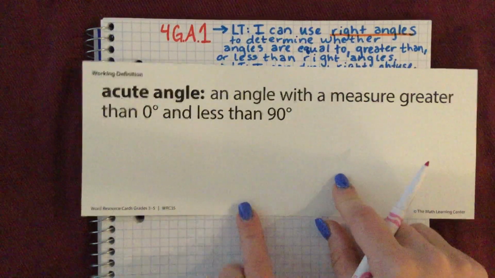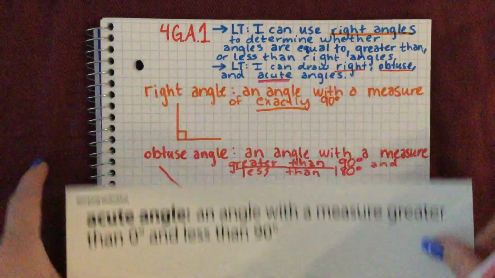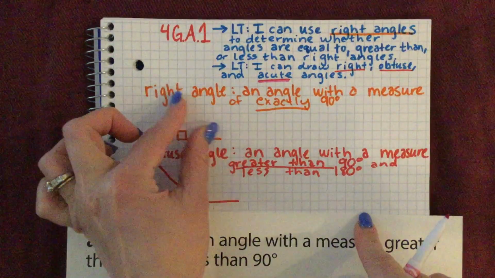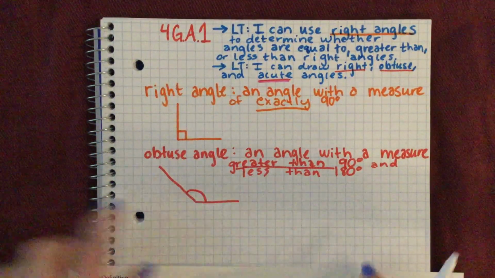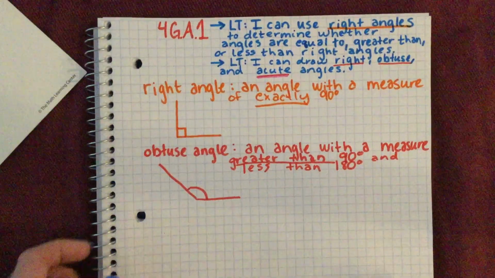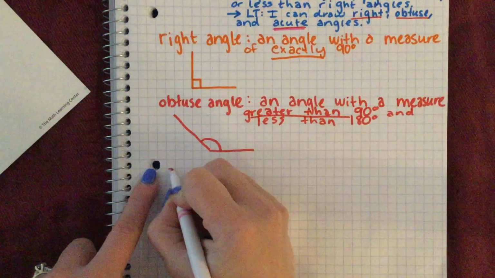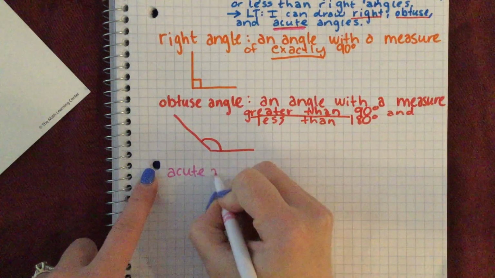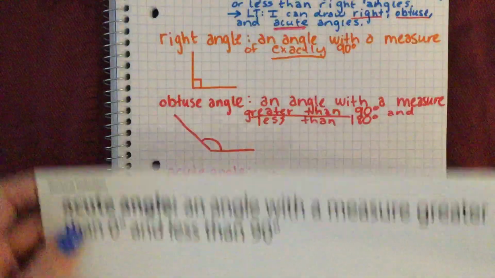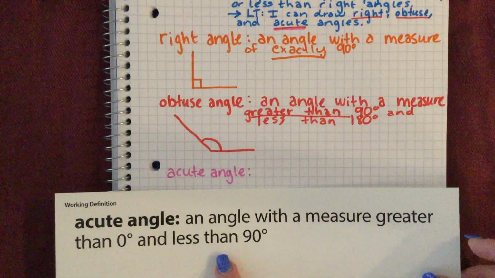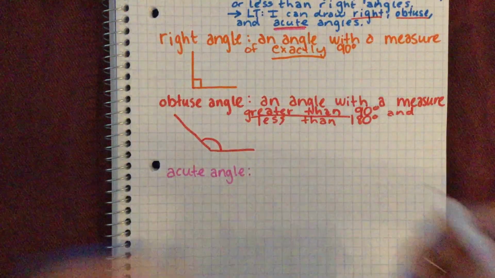It's not just one ray or one line segment, but it's still less than 90 degrees, so it's going to be more together. The line segments are going to be closer together than our right angle and definitely more than our obtuse angle. So let's go ahead and write down that definition. So again, an acute angle is an angle with a measure greater than 0 degrees and less than 90 degrees.